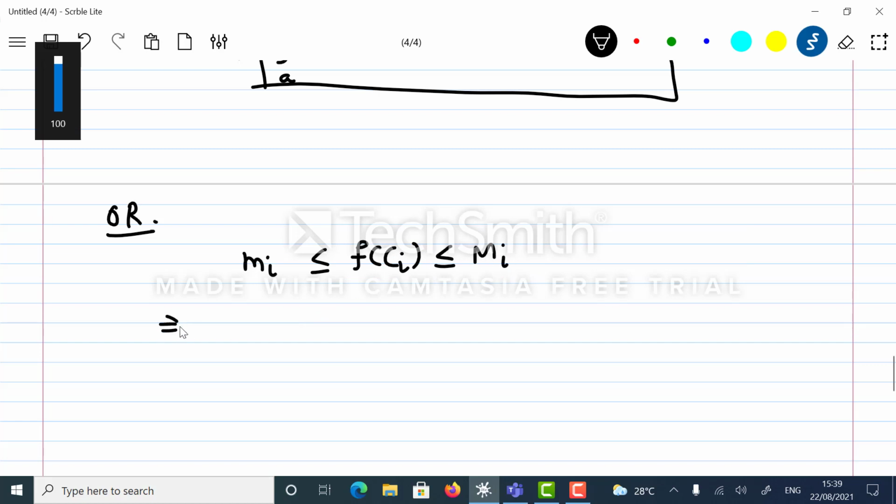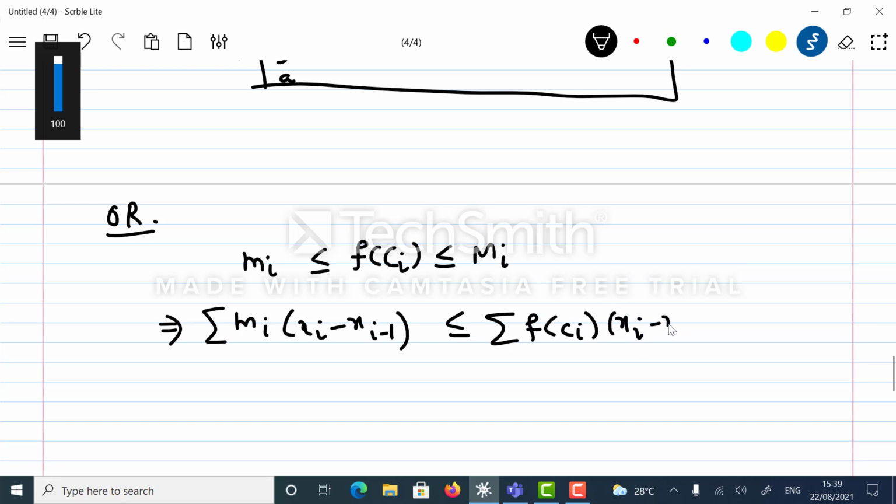This would imply, if I multiply by xi minus x(i-1), and take summation over i, that this is less than or equal to again the summation over i of f at ci times (xi minus x(i-1)). I goes from 1 to n, that I am not writing now; I hope you will understand that.